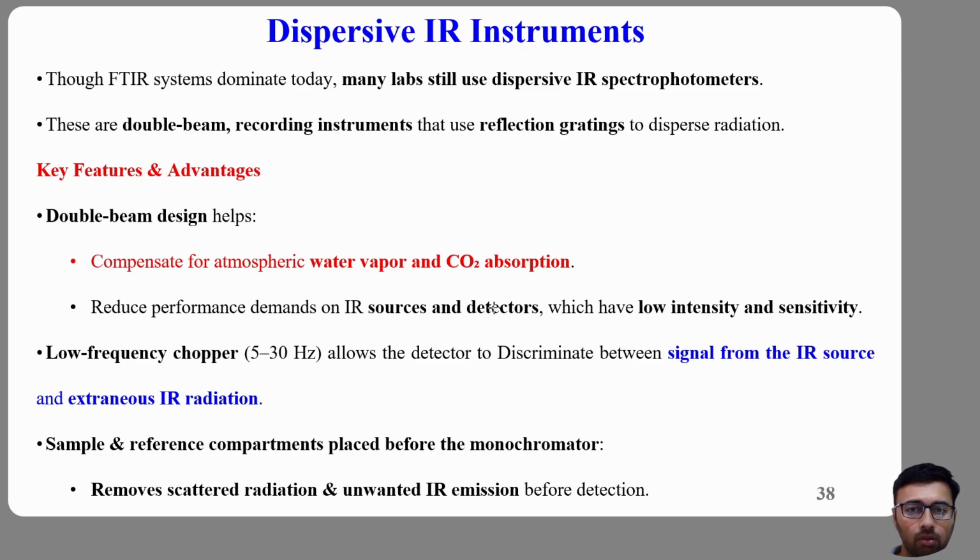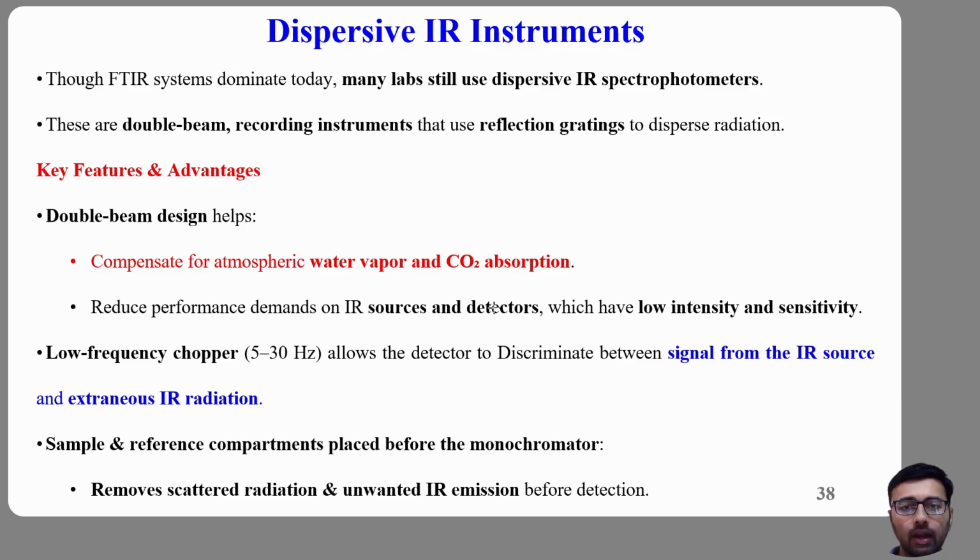Now observe another important detail in the diagram. The sample and reference compartments are positioned before the monochromator. Why is this arrangement important? Because suppose the sample itself emits unwanted infrared radiation, or suppose scattered radiation emerges from the sample compartment.